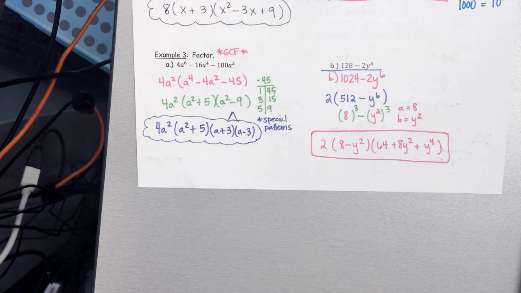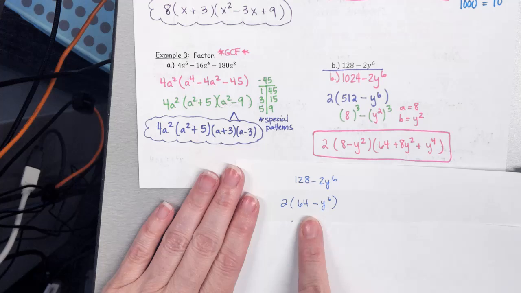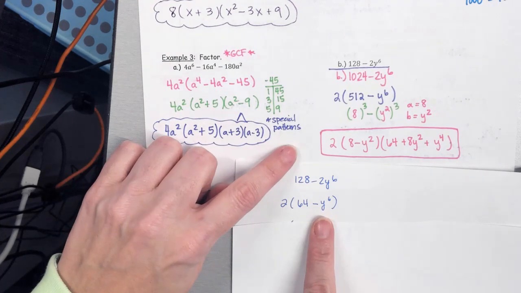All right. Now, like I said, right, I'm going to show you how to do that one and why I decided to change it. Okay. So for the 128, you would still take out the 2 and see how you have 64 minus y to the 6th there. Are you done writing this part?